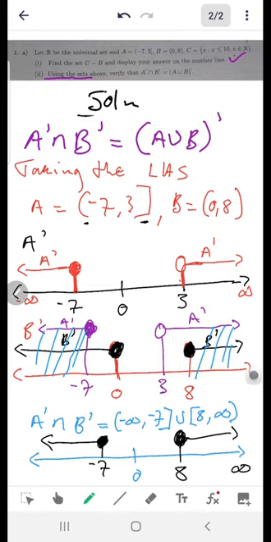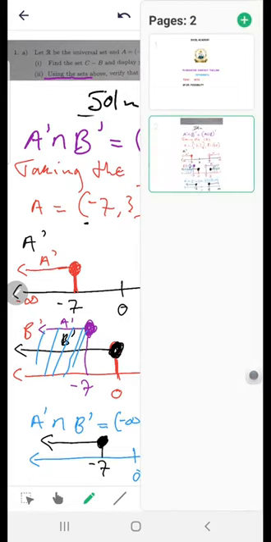Okay, so this is what we have found for the left hand side. Let's try to use the right hand side. The right hand side is (A union B) complement. What is our set A, and what is our set B?